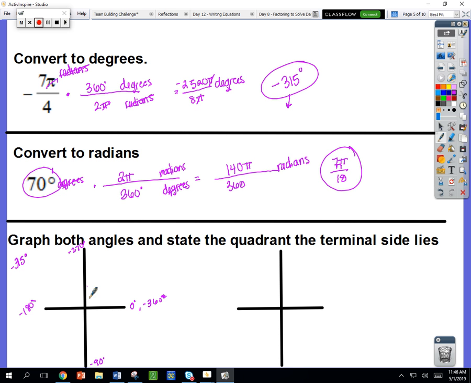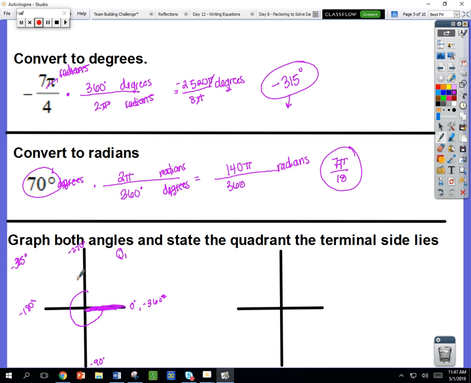So it's not going to make it one full time around because 315 is smaller than 360, but it's bigger than 270, so it would end up in this quadrant, which is quadrant 1. And so the starting point is always here. And then again, it's going to go this direction and end up in this quadrant.